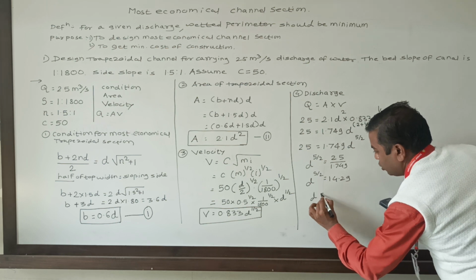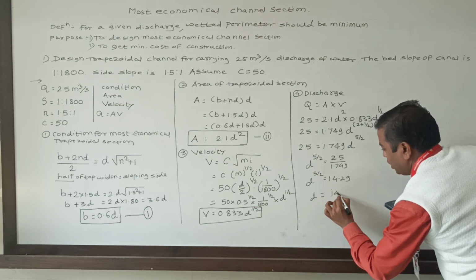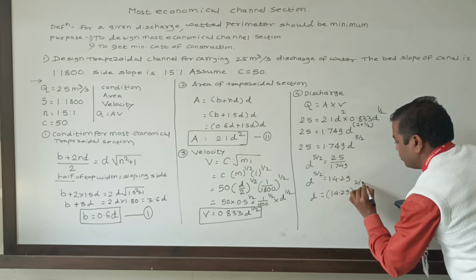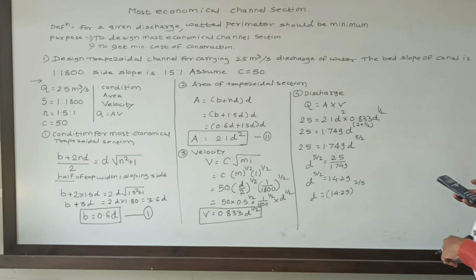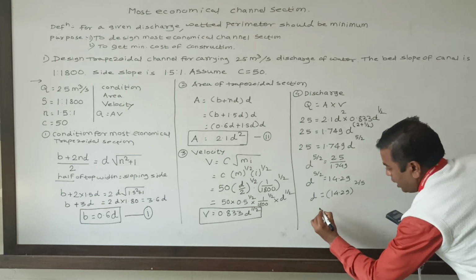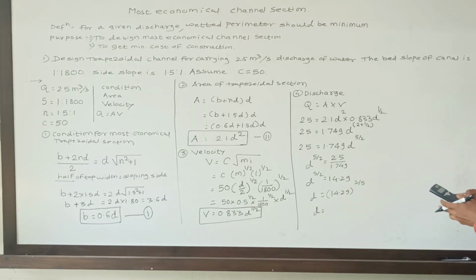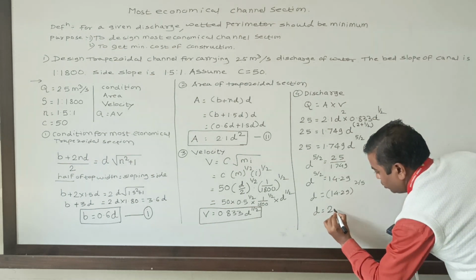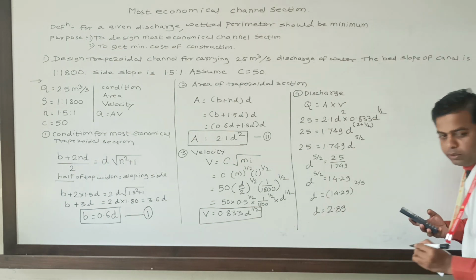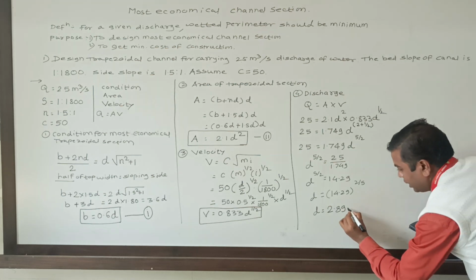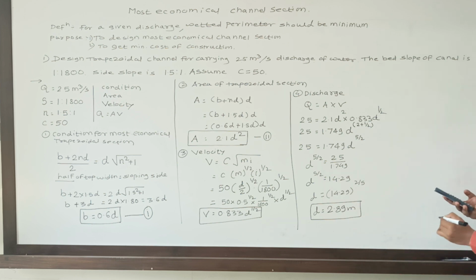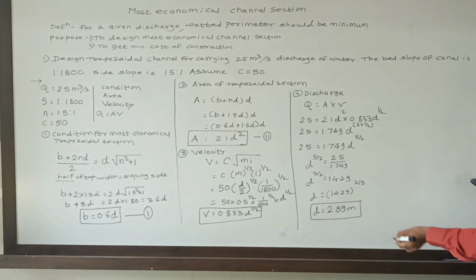So d is equal to 14.29 raised to 2 by 5. We have to invert the power on the opposite side. And hence d is equal to 2.89 meter. In this way we have calculated the depth of the most economical section.